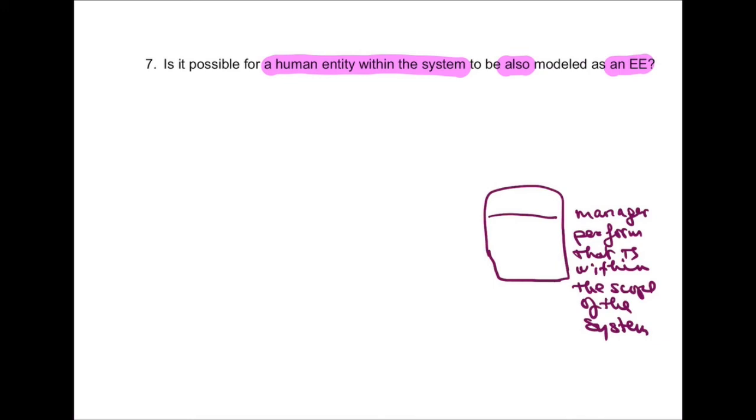But, for example, the manager interacts with the client, receives the order, and so forth, which is within the scope. Let's say that manager also has a role of providing feedback, but only the process of creating that feedback is outside the scope.